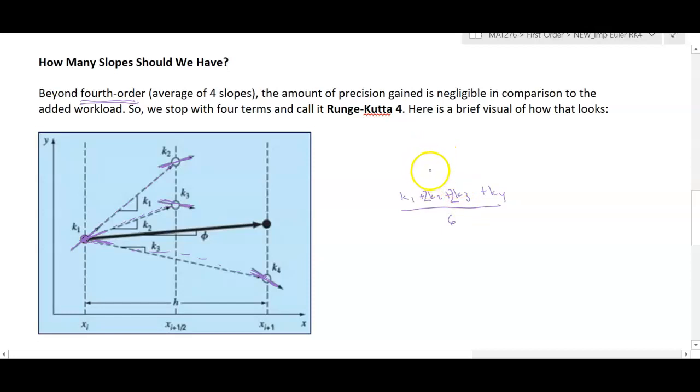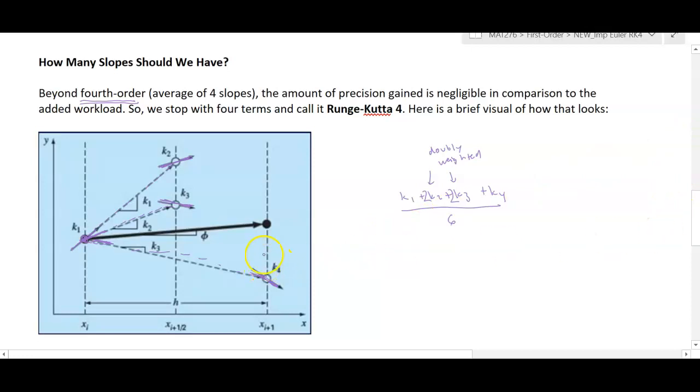But what we should take away here is that K2 and K3 are doubly weighted. They get twice as much weight as K1 and K4. It's basically as if we've taken K1 plus K2 plus K2 plus K3 plus K3 plus K4. So we have 6 slopes, but 4 of those slopes are copies of the other 2 slopes.